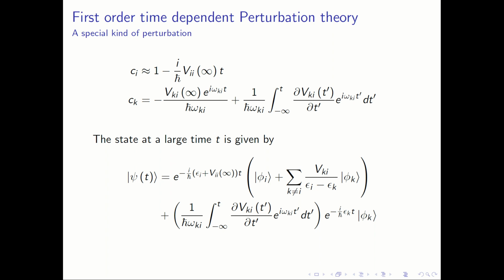Remember, it is the matrix element, or the expectation value, in the ith state. So this piece is very familiar from time independent perturbation theory. This term is nothing but the ith energy eigenstate, but for the Hamiltonian at large positive times, that is for H0 plus V infinity, and this is nothing but the energy corresponding to that time independent Hamiltonian.